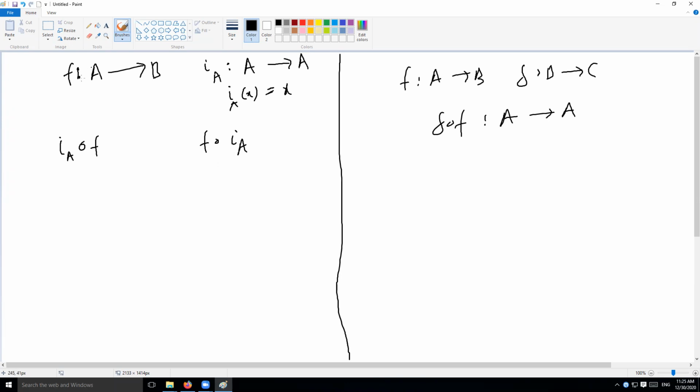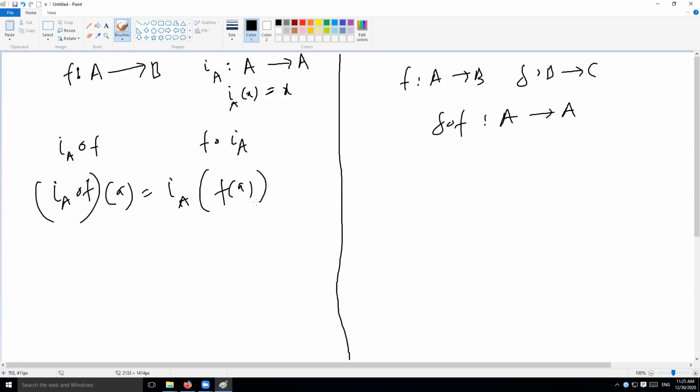Now, f is a function from A to B and identity is a function from A to A. So if I want to compute identity composition f operated onto some a, the output is going to be the identity function operated onto f of a, right?